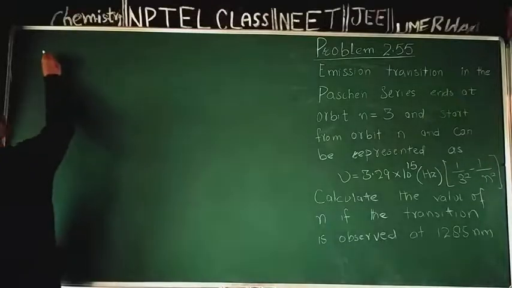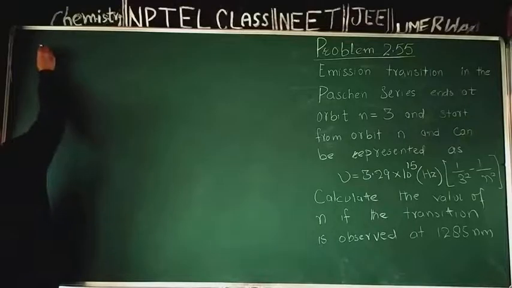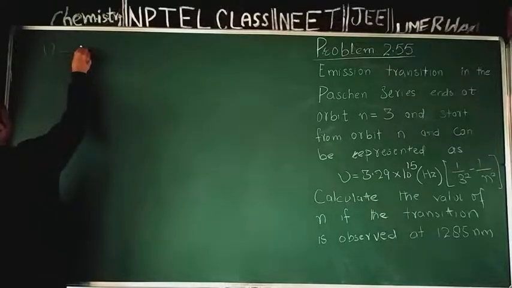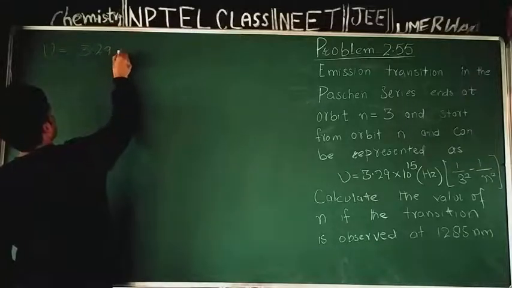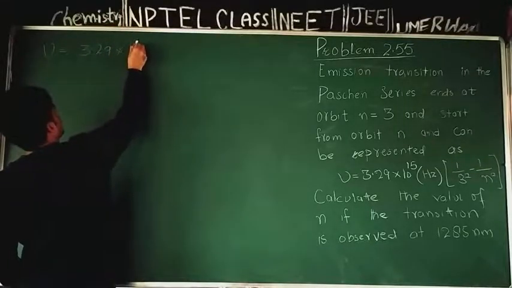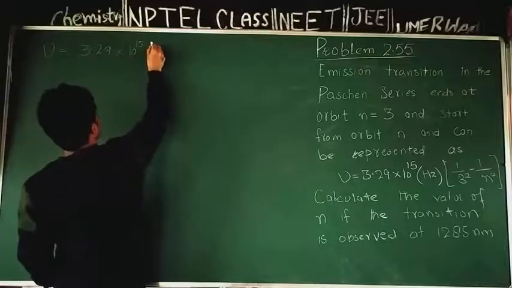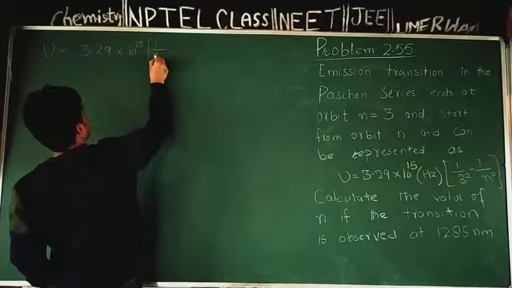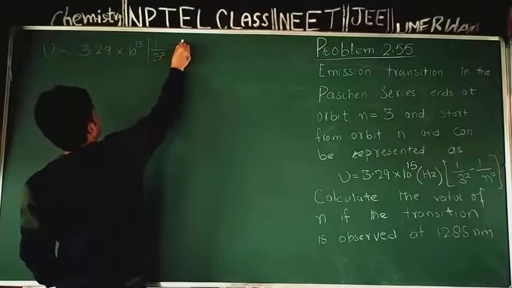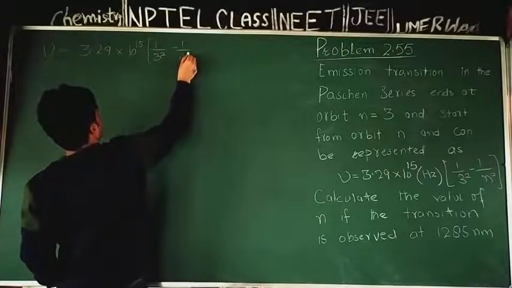So this emission transition is represented like this: frequency of transition is equal to 3.29 into 10 to the power 15 hertz (1 by 3 square minus 1 by n square).